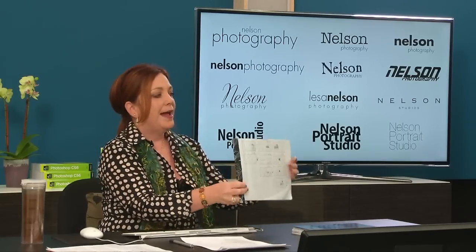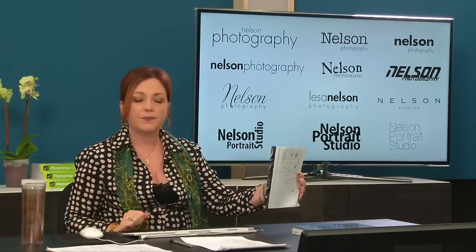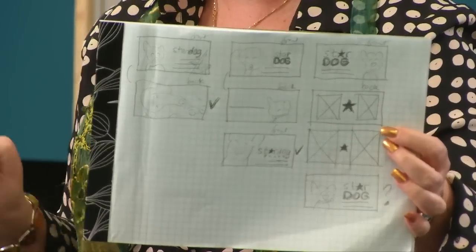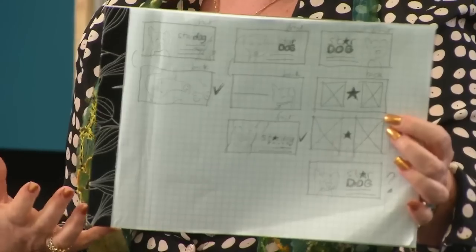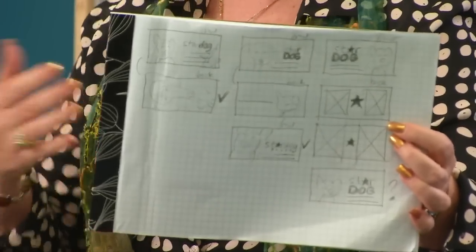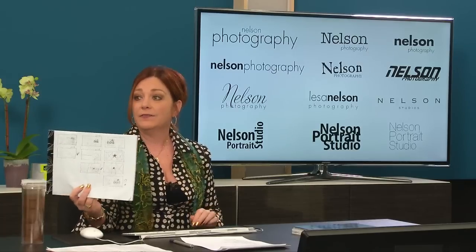I just use a graph pad of paper. Okay, and I'll show this around on the other side here in a second. And I just start out really, really rough with pencil drawings just to kind of get an idea. And then I move to the computer. So my sketches are really, really rough.